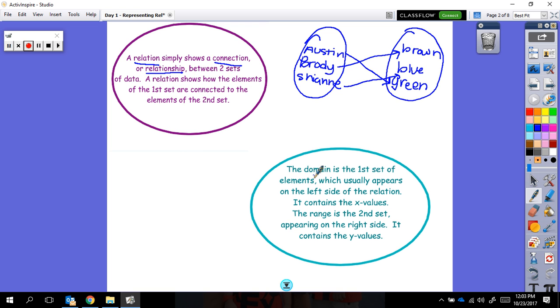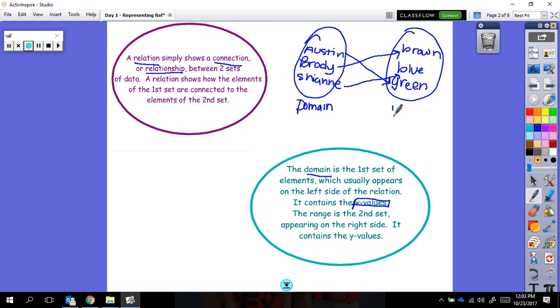Okay, the domain is the first set of elements. So the domain would be you guys. Okay, it is the X values when you're talking about a graph.